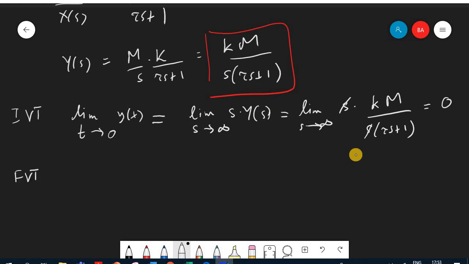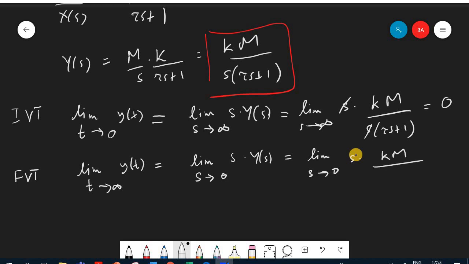And considering the final value theorem, it says that I want to find the value of y of t, my output, as t approaches infinity. And this means s approaches 0, multiplying y of s by s. So when s approaches 0, for the same function, s multiplied by that function, the s cancels out. If I substitute s equal to 0, I will have 0 plus 1, which is 1.